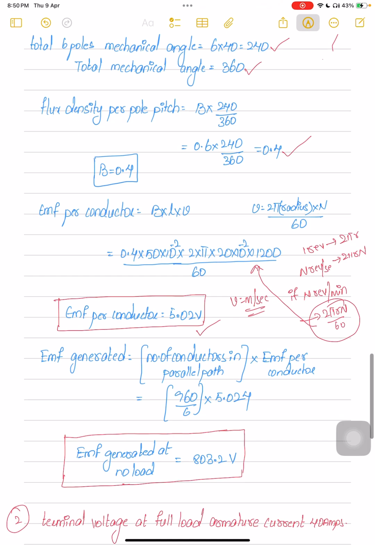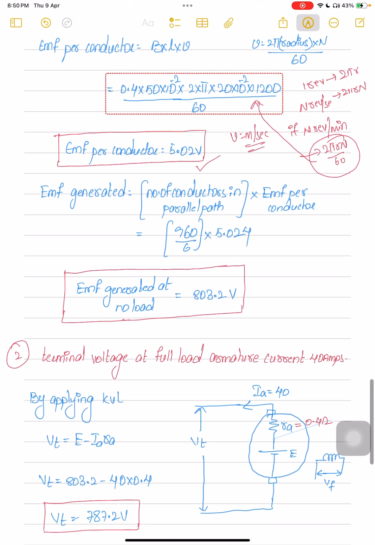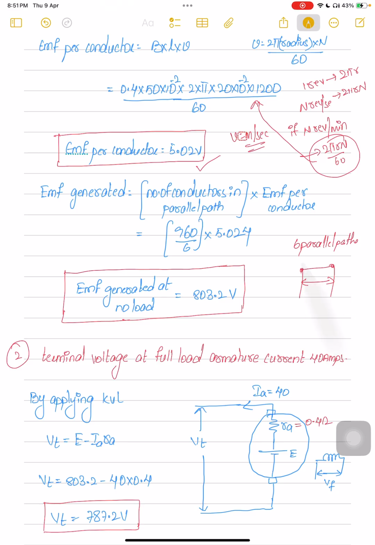We already know it is a lap winding, so the number of parallel paths equals the number of poles. There are six parallel paths. Parallel path voltages will be the same. This is one parallel path, this is the second parallel path. The generated EMF will be one parallel path voltage.